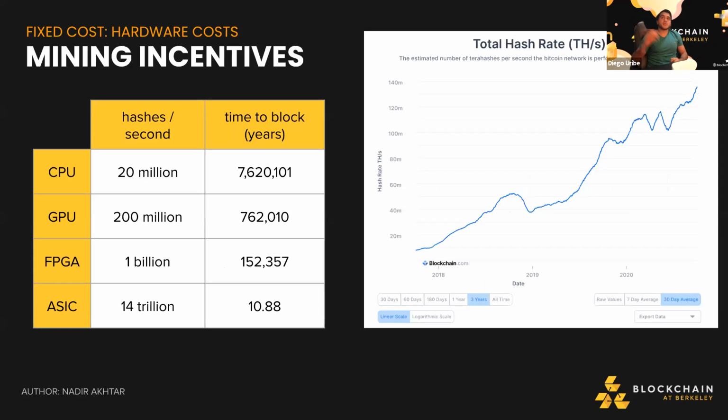And something I want to mention here is if you look at the total hash rate of the Bitcoin blockchain on the right, you can see that it has been increasing from 10 million terahashes per second. Currently, it's around 140 million terahashes per second. And something to mention here is this is not increasing the throughput of the network.